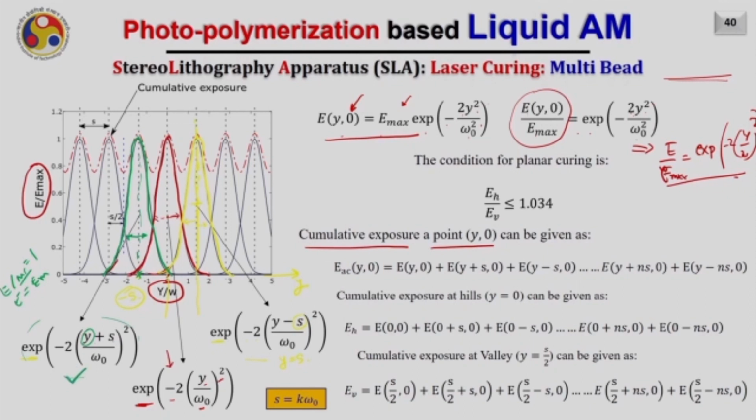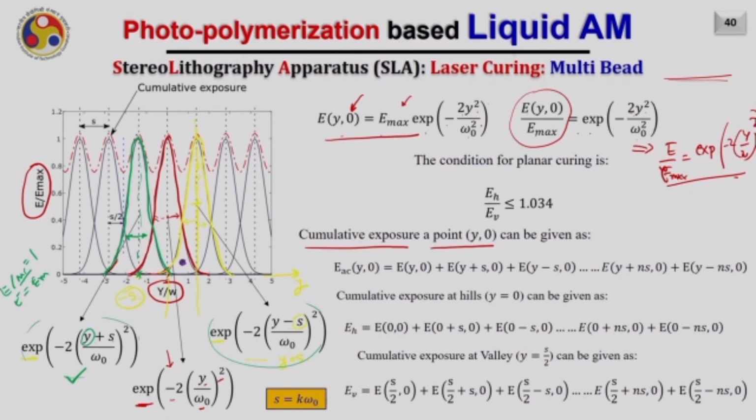So, due to this green pass. Basically, what I am saying is, energy due to this green pass, energy due to this red pass and energy due to this yellow pass are represented here. But you can write for all other passes as well. So, cumulatively, what will happen if I consider any random point? Let me consider a point maybe here.